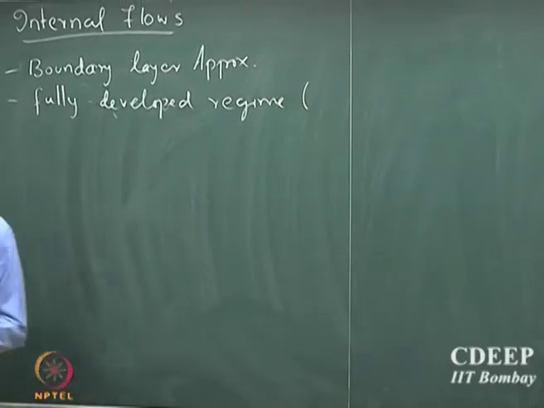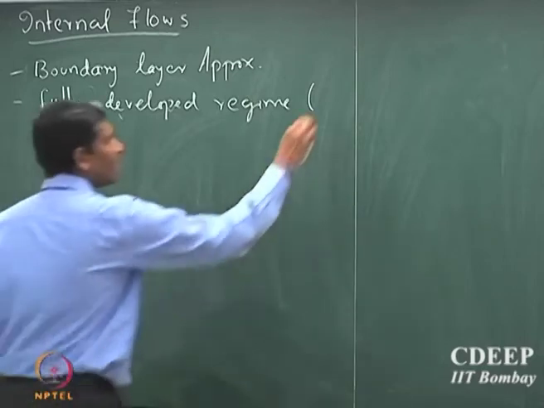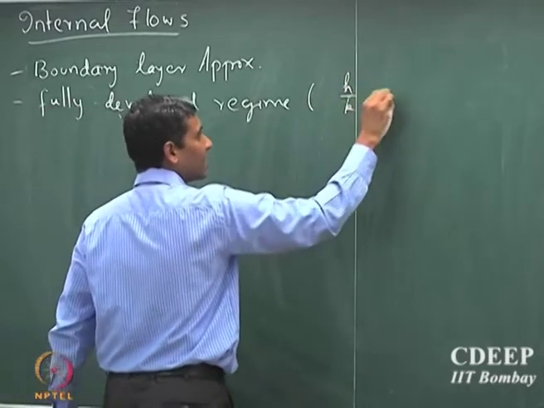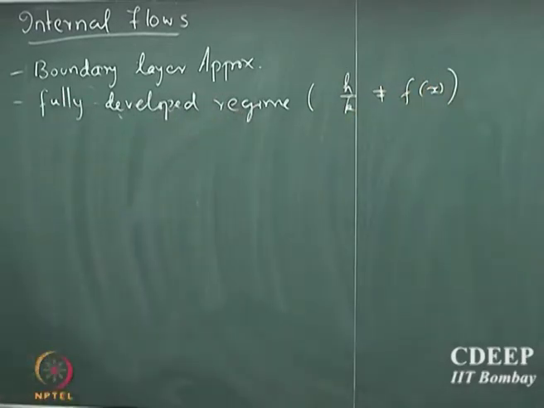What is the nature of the heat transport coefficient in the fully developed regime? It does not vary. So h by k is not a function of the axial position.